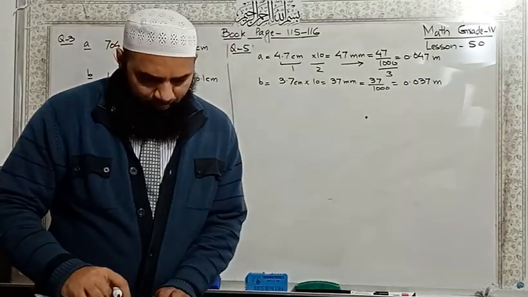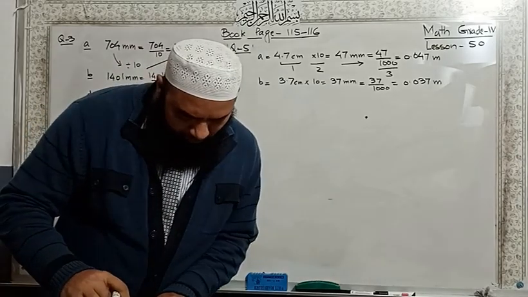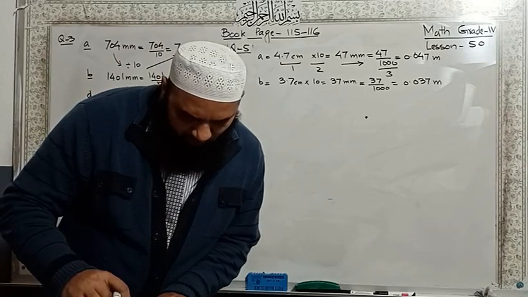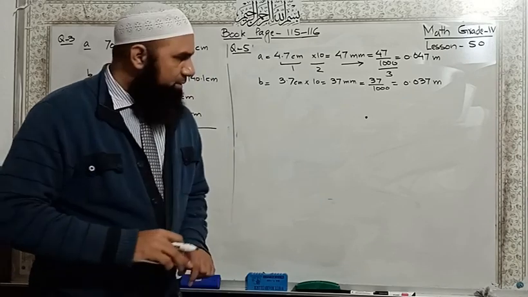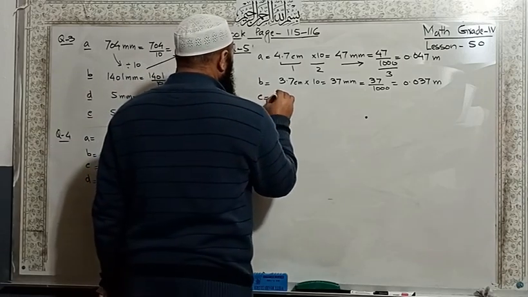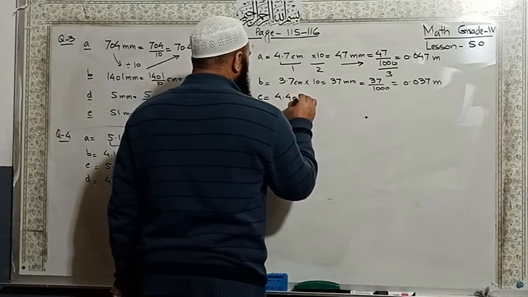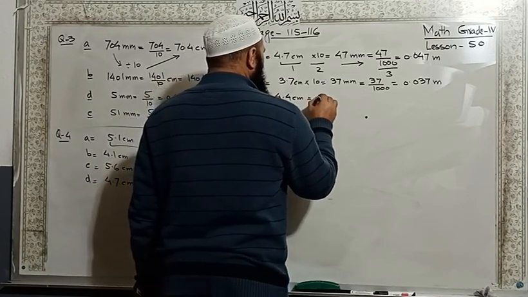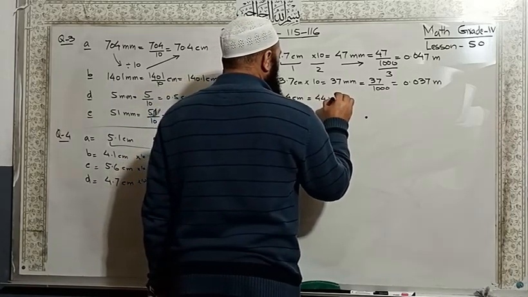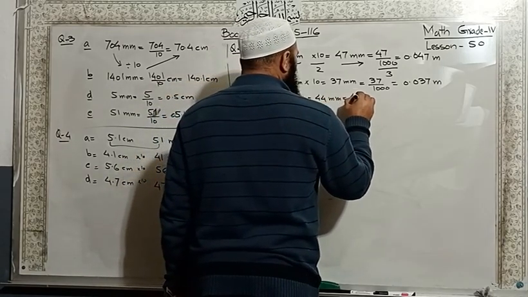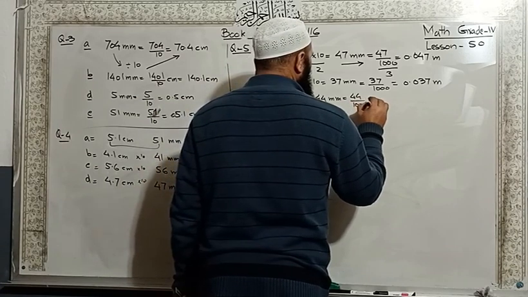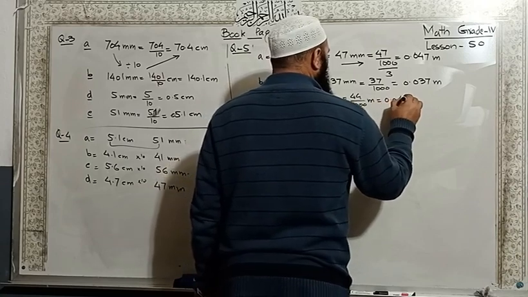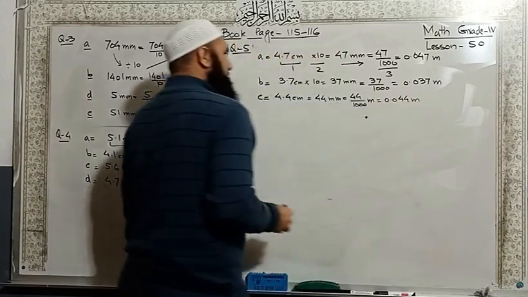Question number C. The length of the line is 4.4 centimeters. Multiply this by 10, we will get 44 millimeters, and dividing by 1000, we will get 0.044 meters. Okay.